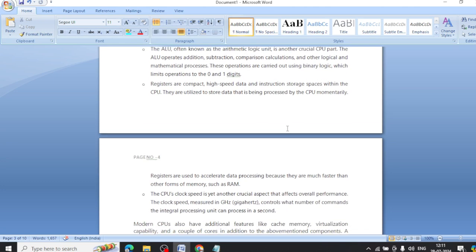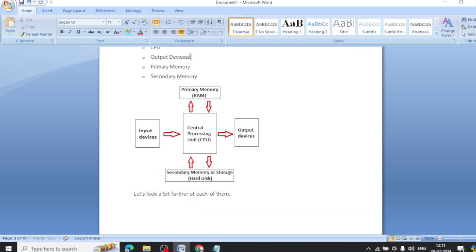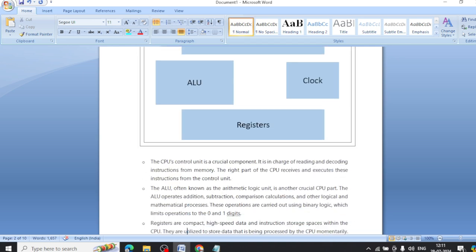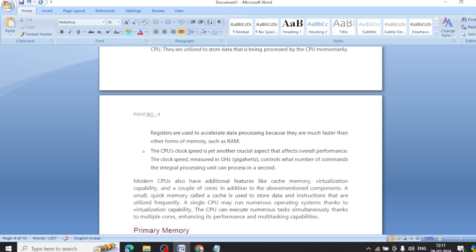Registers are used to accelerate data processing because they are much faster than other forms of memory such as RAM. The CPU clock speed is yet another crucial aspect that affects overall performance.